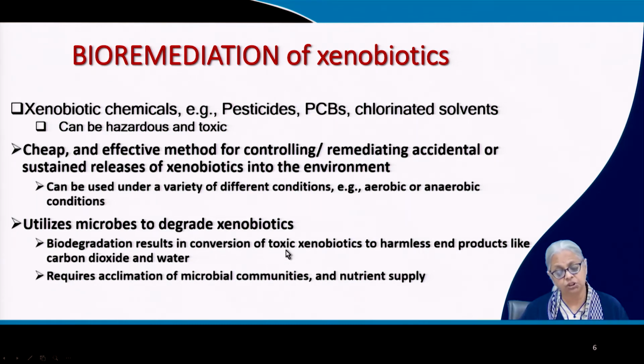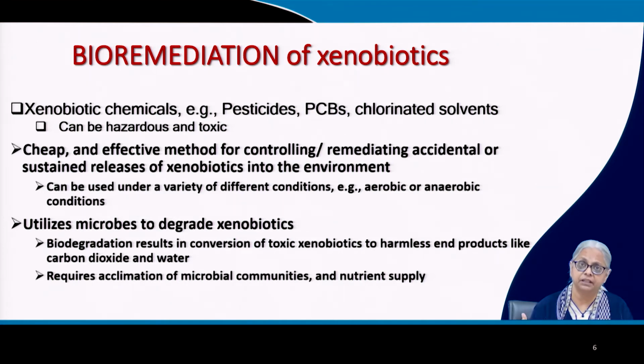The biodegradation can go the full length, which means to the end point, harmless end products like carbon dioxide and water, or in many cases, what does happen if you leave nature to itself, what you get is toxic intermediate products. So DDT, when it was sprayed in the fields, resulted in compounds like DDD and DDE.